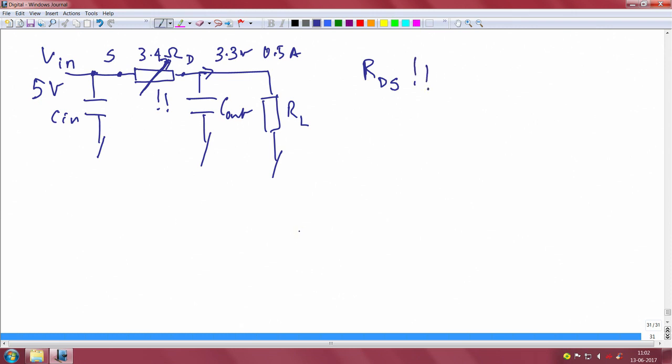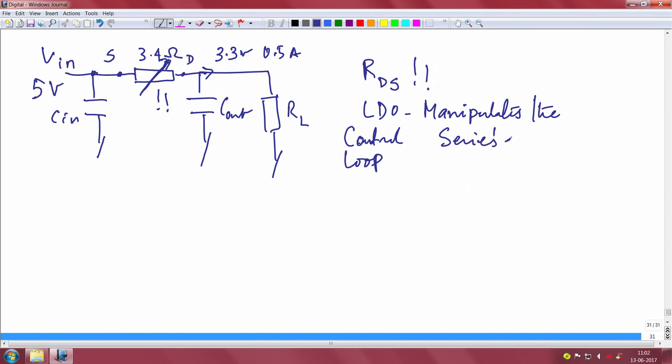In other words, an LDO's control loop simply manipulates the series element's RDS, nothing else than this. This is indeed the truth. That is all I was trying to get at.